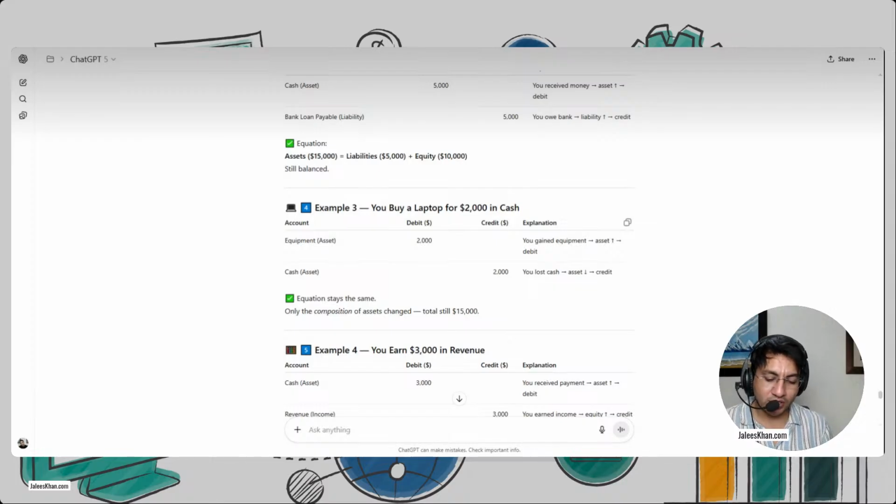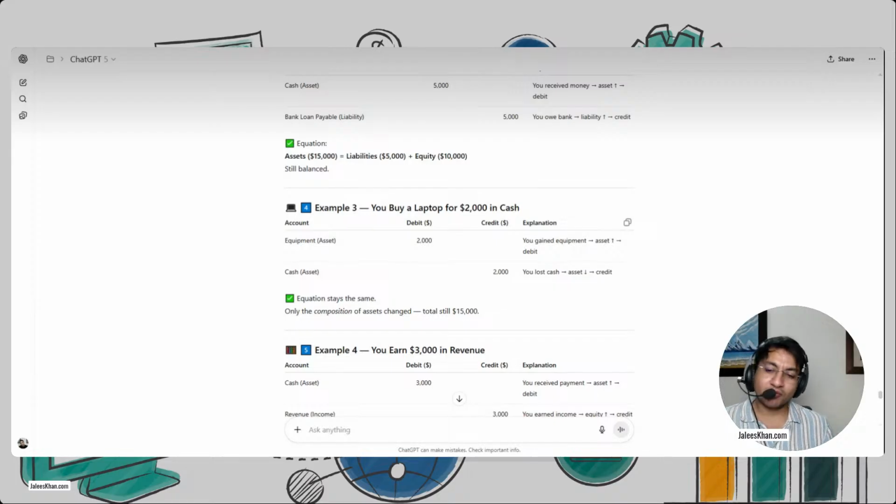So that starting point of the transaction is going to come in the credit column. Then the ending point is the laptop value, which is the equipment, which comes under the assets of my company as well. So I am just converting a cash asset into a machinery asset of my business.